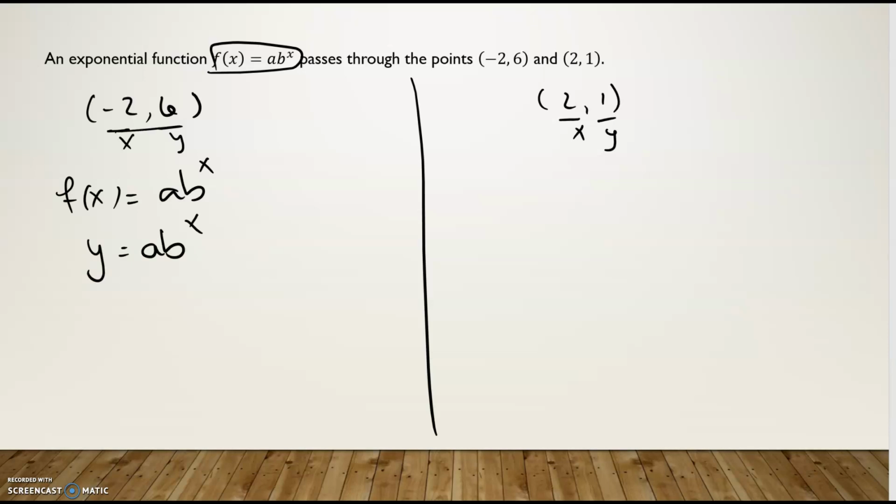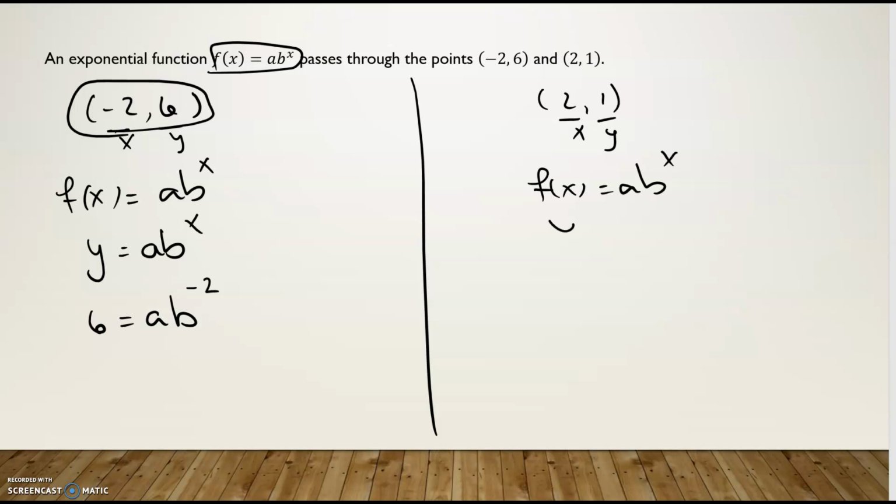So from this point, I'm going to plug in what I know for x and y. So 6 is equal to a times b raised to -2. We'll do the same thing over here. f of x is a times b raised to x, which is really just y.